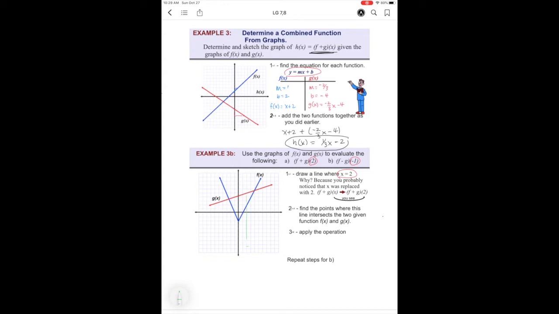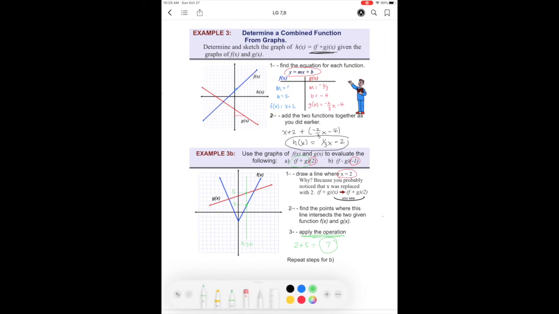It's touching the f function there, and the g function there. If we come across, we get 5, and we come across here, we get 2. Now we just have to apply the operation. The first one says we're adding, 2 plus 5, so we get 7.